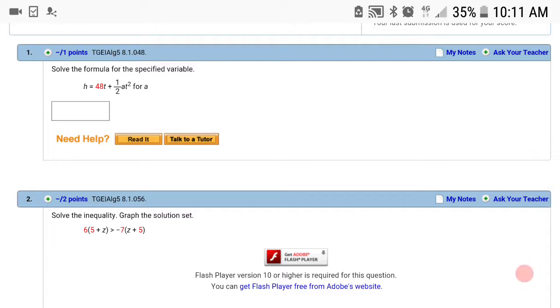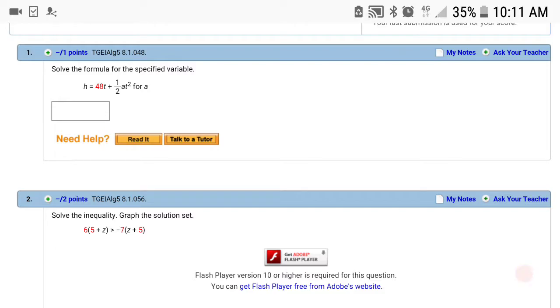You can see that from the problem name. So in the blue bar up above it says TGEIALG 5. That's your textbook, Tussey and Gunderson Intermediate Algebra Edition 5, and section 8.1. So the 8.1 tells you what section this comes from.